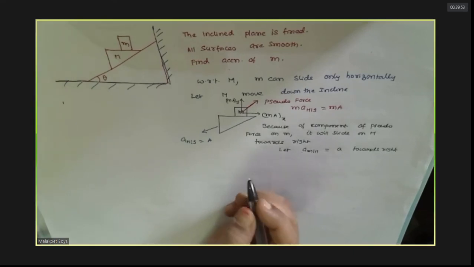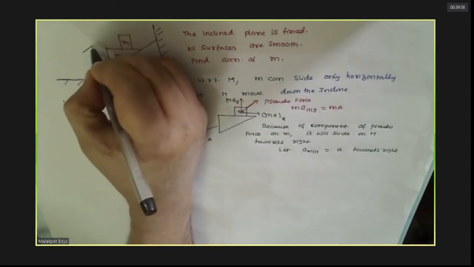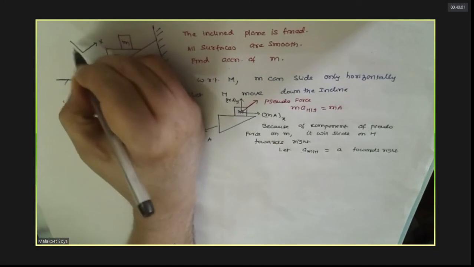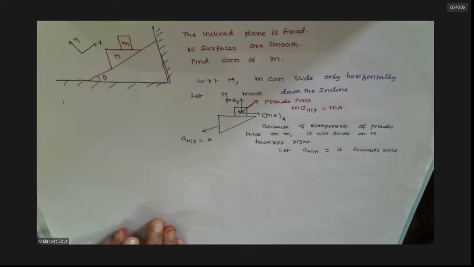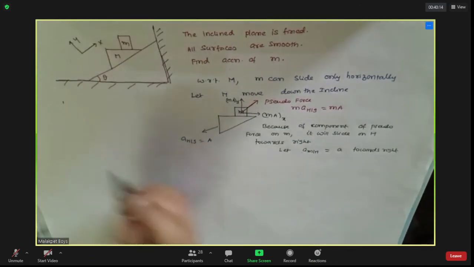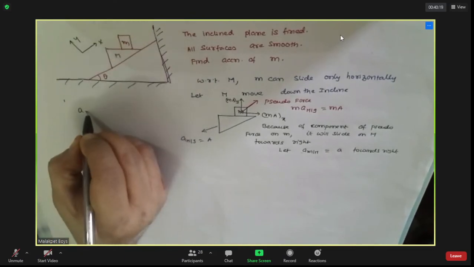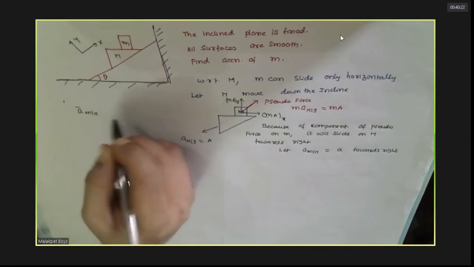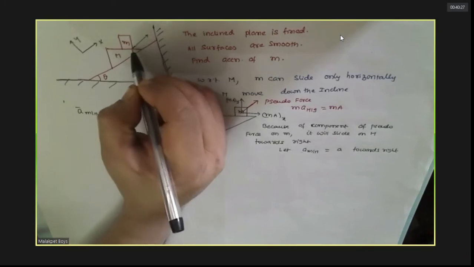Now I am choosing the x-axis like this and the y-axis like this. I can choose any way now. So now we can see this is the x-axis, this is the y-axis.